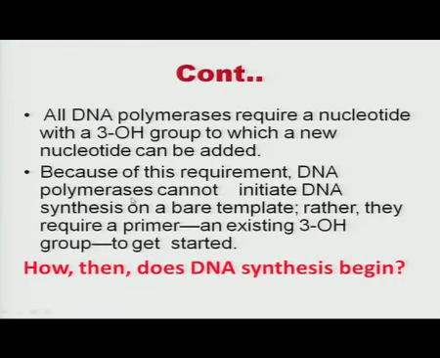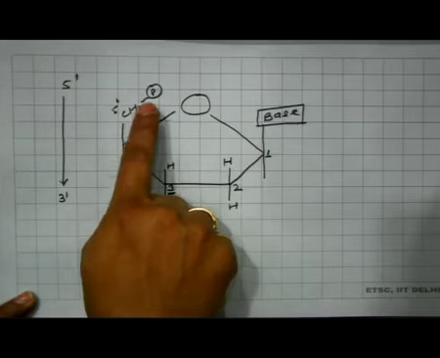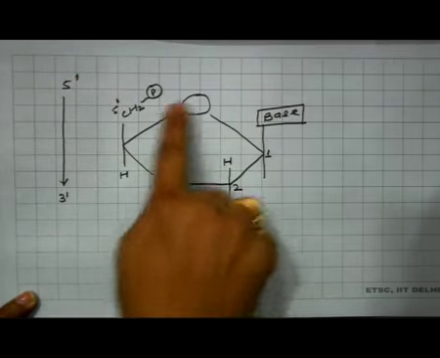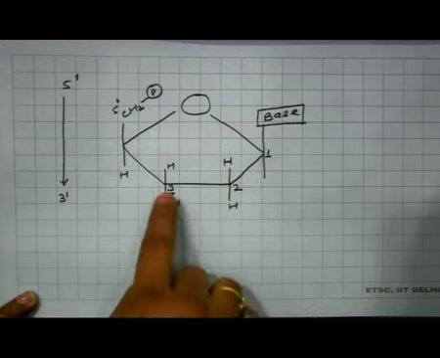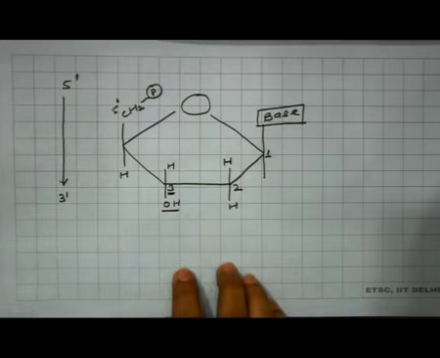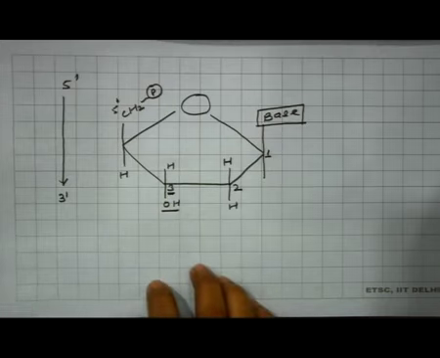Now, here comes another important question. All DNA polymerases require a nucleotide with a 3 end OH group to which a new nucleotide can be added. As I explained earlier, the DNA replication is always in 5 to 3 direction, and this particular nucleotide has OH at the 3 end. This 3 end is required by DNA polymerase to add the new DNA.